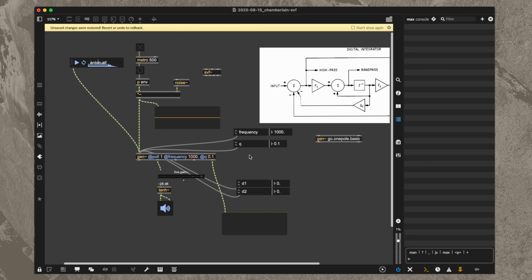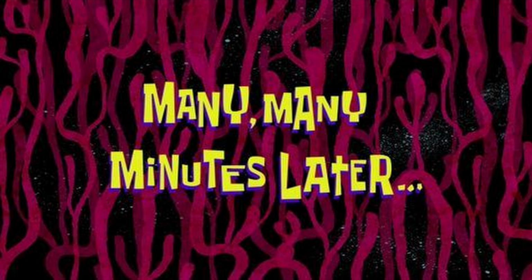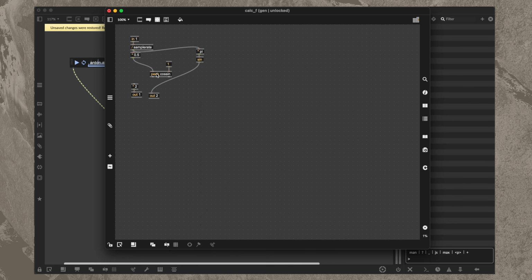Okay. And now we should see that if I change the frequency, oh, I need to use wave, not peek, because I'm on the range of 0 to 1 rather than on the range of 0 to 4096.